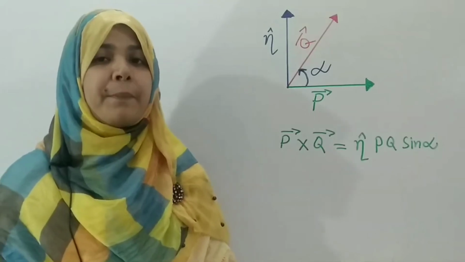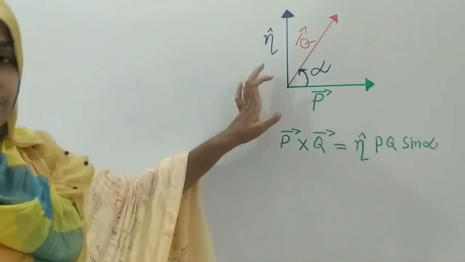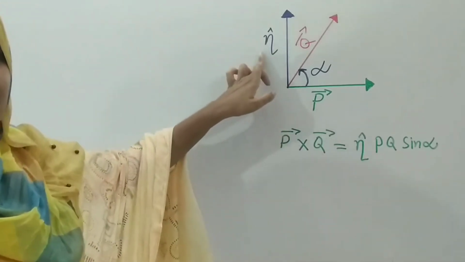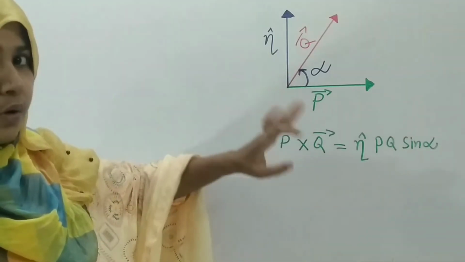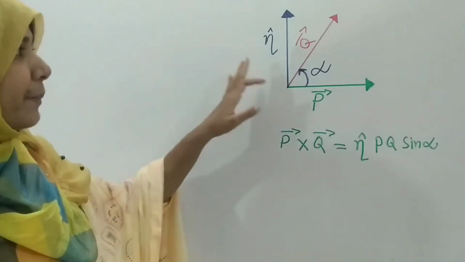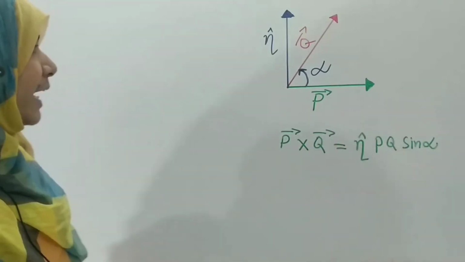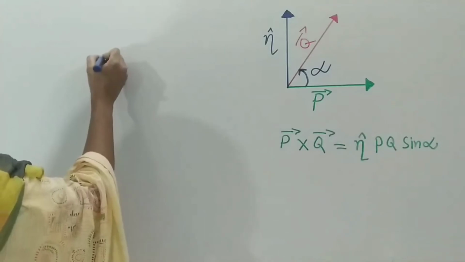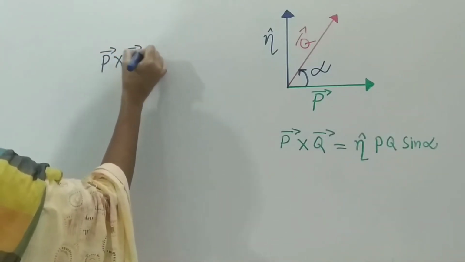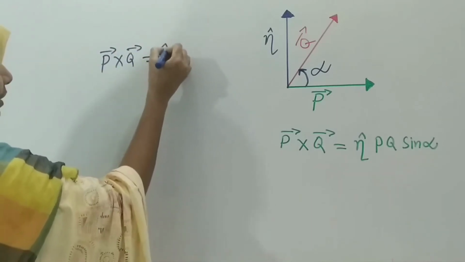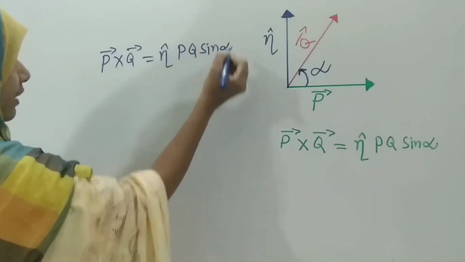To find the perpendicular unit vector, we know that this eta, or this unit vector, is perpendicular to vectors P and Q. So if you want to calculate the perpendicular unit vector with the help of this equation, we can write that P cross Q is equal to eta PQ sin alpha.